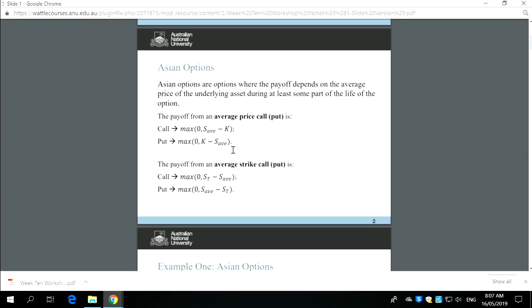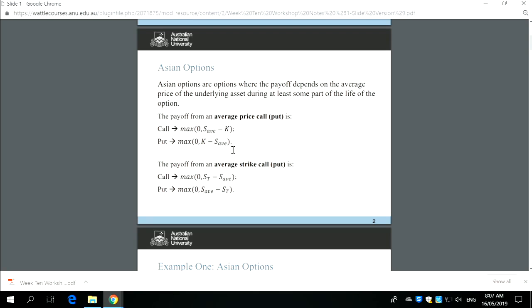So on Monday, I motivated the reason why people use Asian options: it's more suited for corporate hedging purposes, right? For example, I said, suppose a US corporate treasurer expects to receive a cash flow of 100 million Australian dollars spread evenly over the next year from the company's Australian subsidiary.